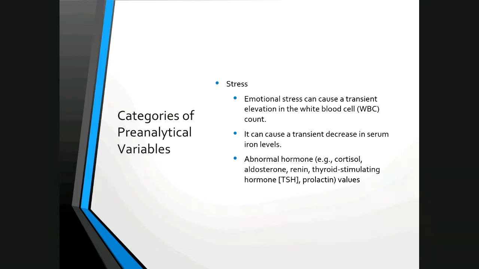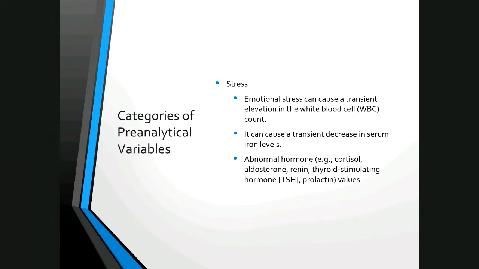Stress is part of our preanalytical errors. Emotional stress can cause a transient elevation in the white blood cell count. Patients that are often frightened, nervous, or overly anxious, especially prior to blood collection, can have emotions that cause a lot of variation in our lab results, as shown here.